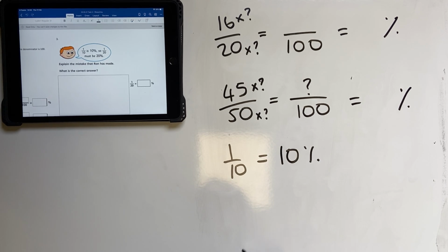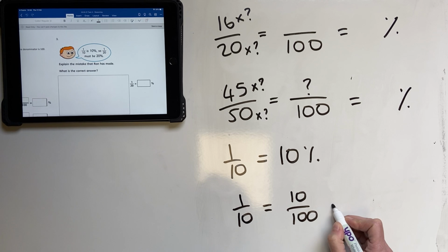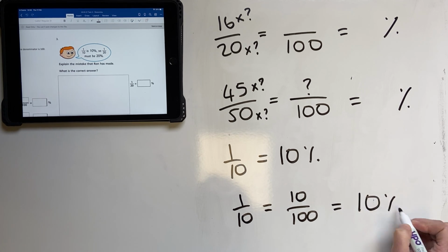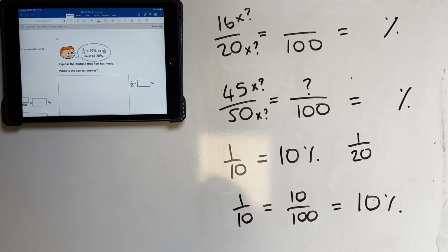He is right, because 1/10 is the equivalent to 10 hundredths, which is 10%. So what is 1/20? What do you think it is? If 1/10 is 10 hundredths, which is 10%, what is 1/20?